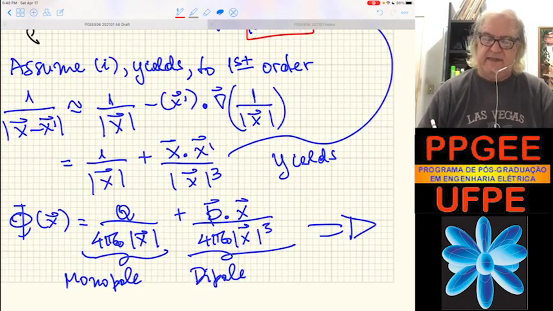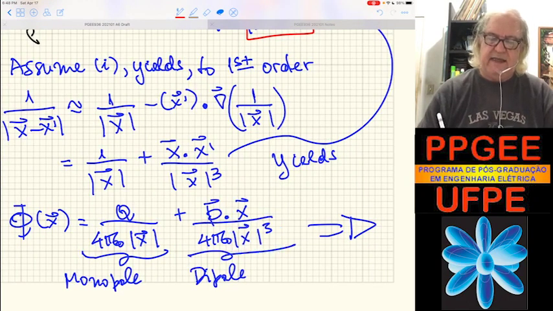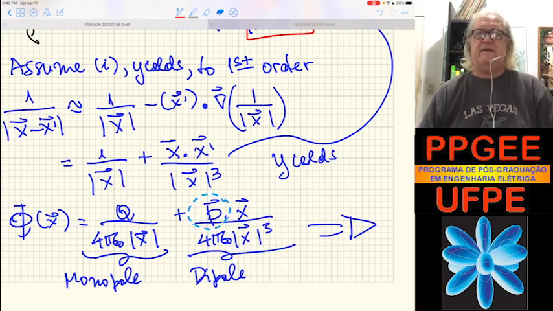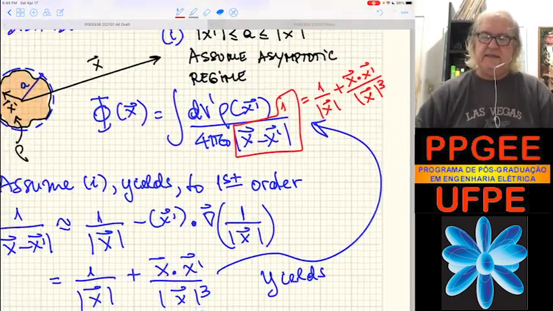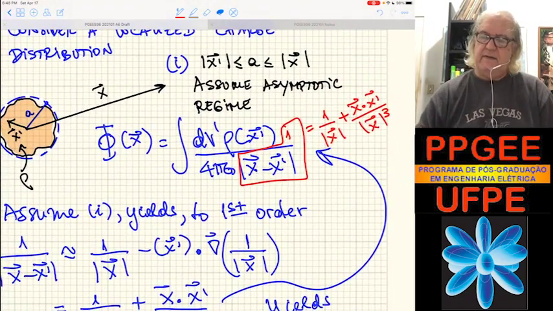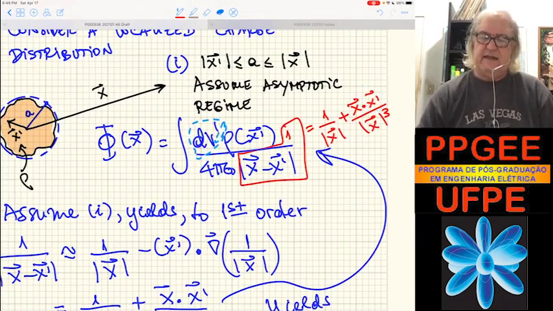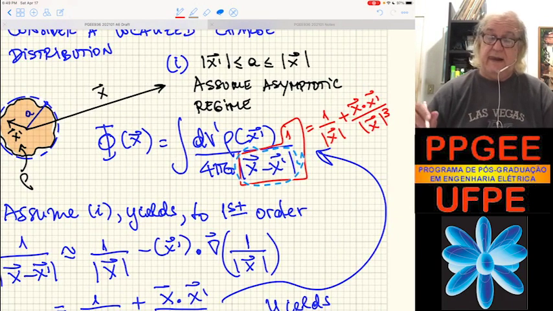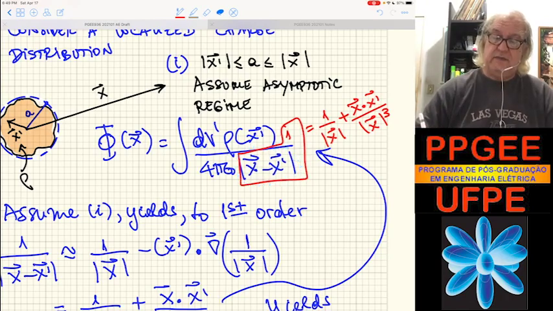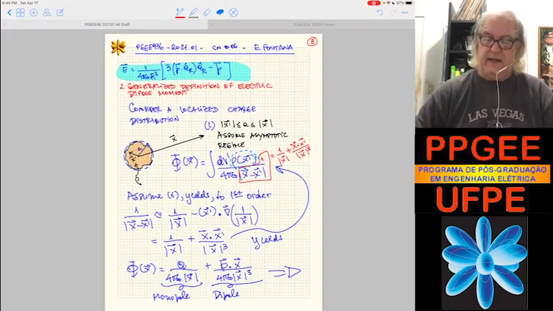So what we have is the x in the numerator and x cubed in the denominator, and p is an integral, right? That's what is left, simply the integral of this factor here times that. This has been taken out of the integral already, it was already approximated, and the rho is going to be at play here.